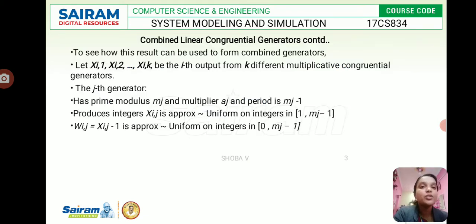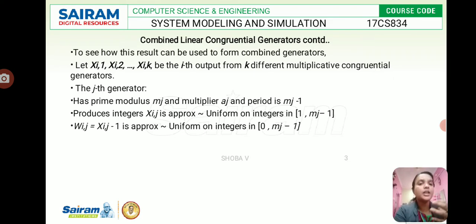Now we will see how this result is used to form the combined generators. Let xi1, xi2, xik be the ith output from k different multiplicative congruential generators, as we already discussed. The formula is xi is equal to summation j equal to 1 to k of (minus 1) power j minus 1 times xij, mod m1 minus 1. The jth generator has prime modulus mj and multiplier aj, and the period is mj minus 1.